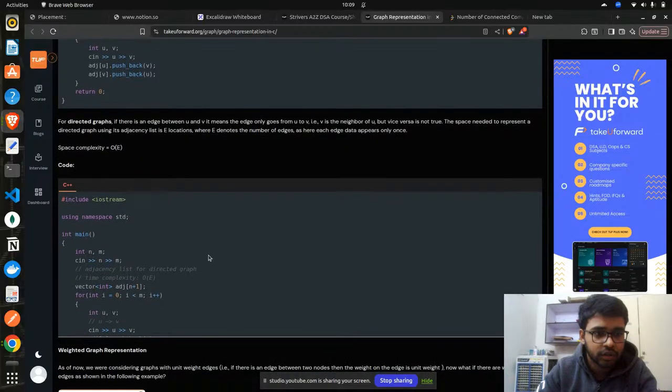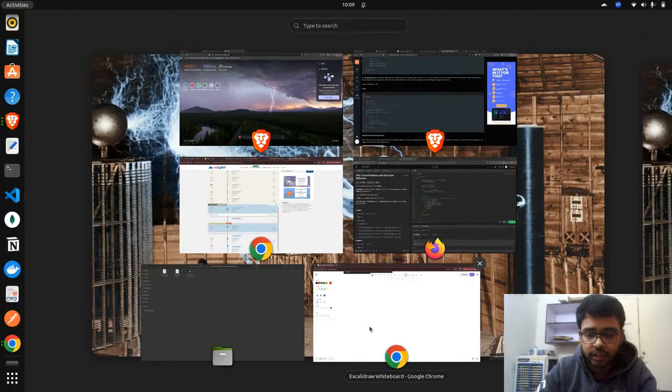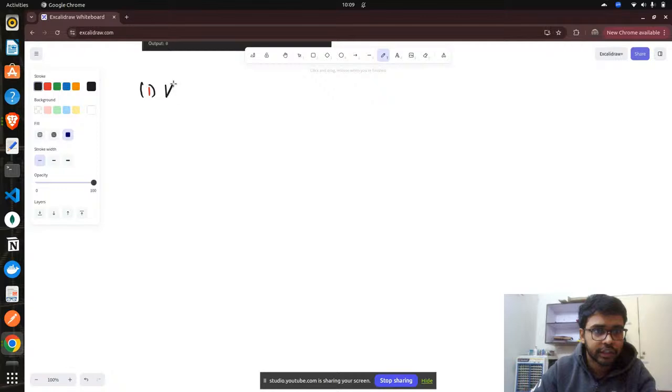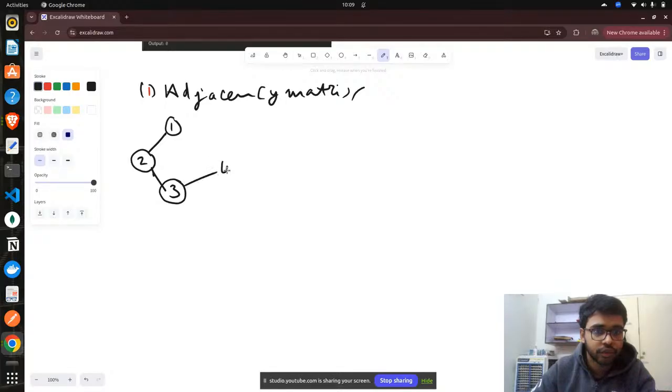So basically, to represent a graph, there are two ways. If node 1 is connected to 2, 2 is connected to 3, 3 is connected to 4, and 4 is connected to 1, the adjacency matrix will have rows and columns 1, 2, 3, 4.